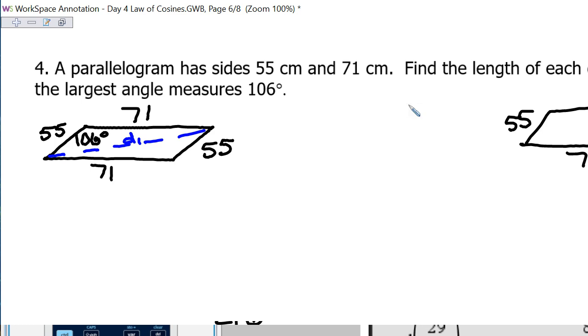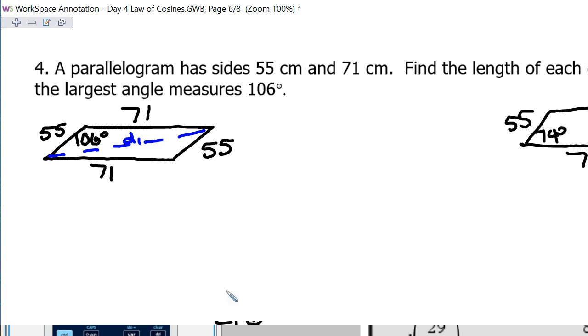So if these are parallel lines, and this is my transversal, then I know that these same side interior angles add up to what? 180. So subtract 106 from 180, and what would the acute angle have to be? 74 degrees.